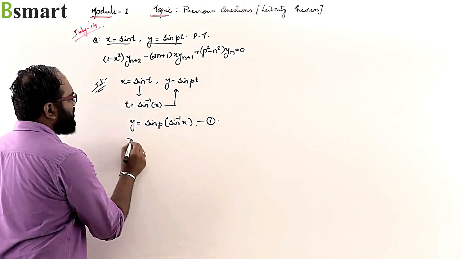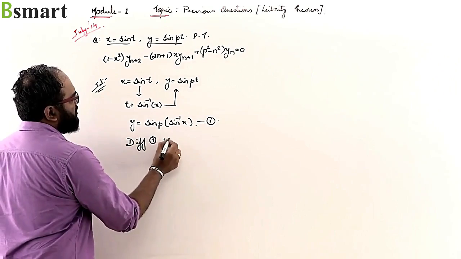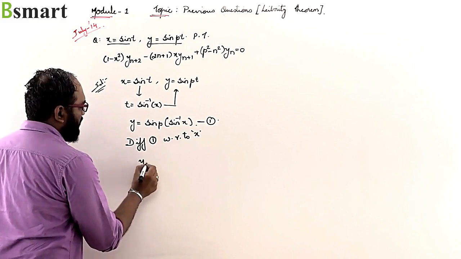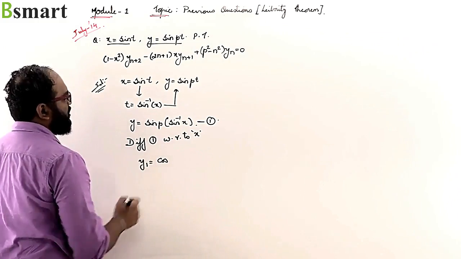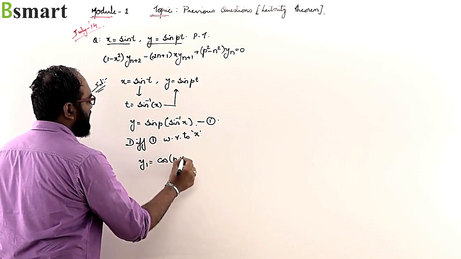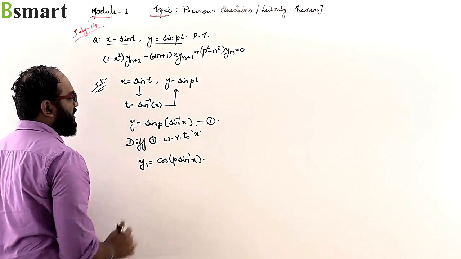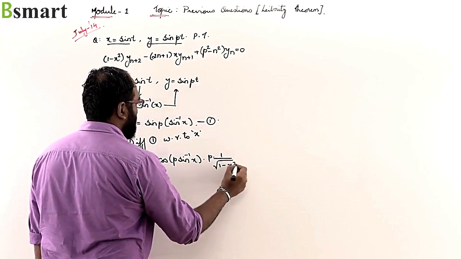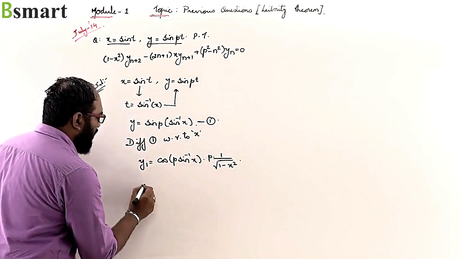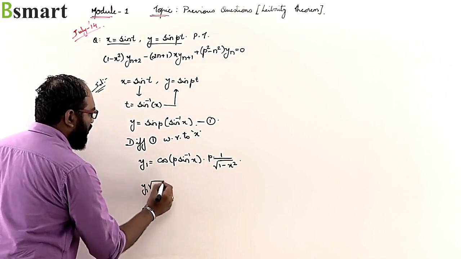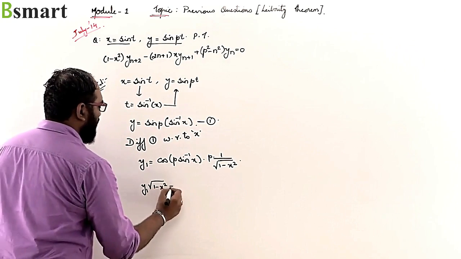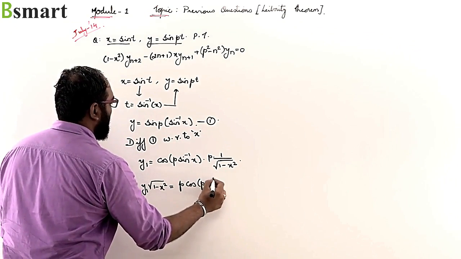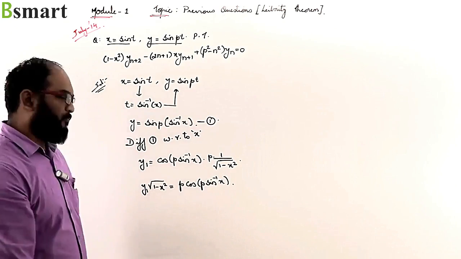Now differentiate 1 with respect to x. Then y1 is the derivative of sine, that is cos(p sin⁻¹ x), times the derivative of p sin⁻¹ x, which is p times 1 by root over 1 - x². So y1 times root over 1 - x² equals p cos(p sin⁻¹ x).